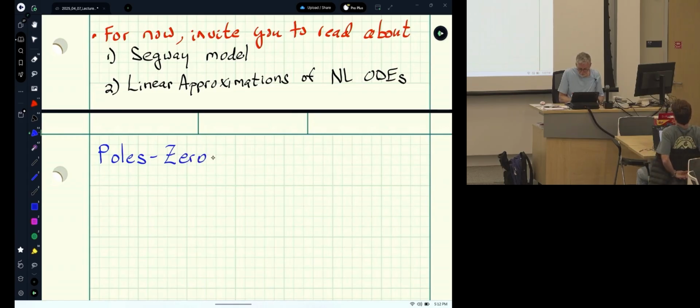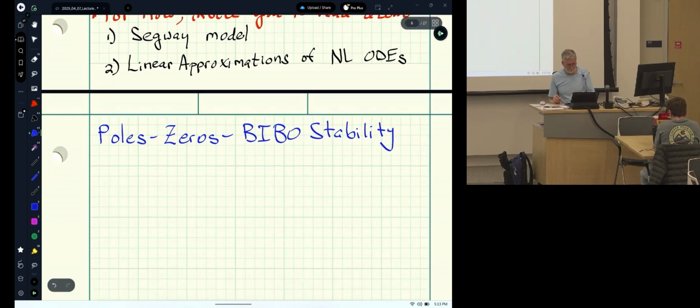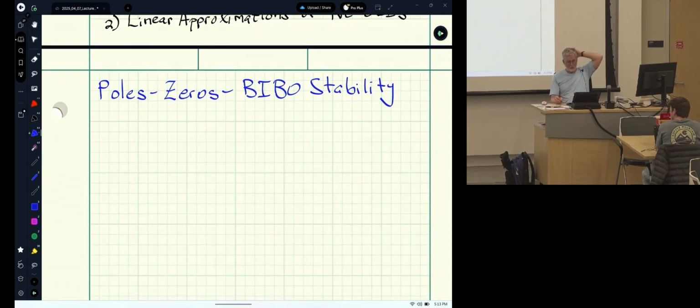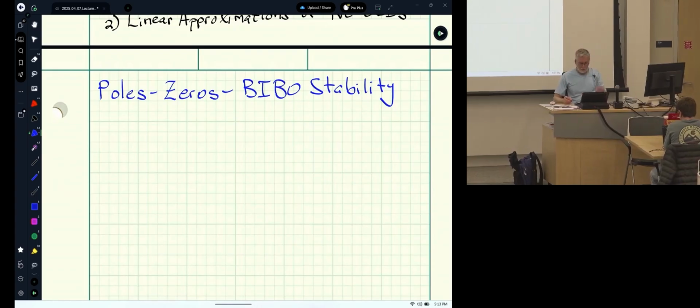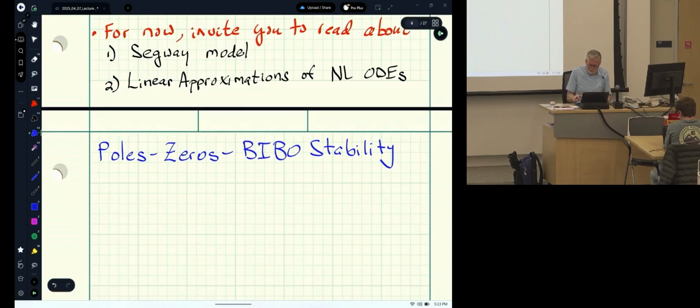Talk about poles, zeros, and BIBO stability. Okay, so please scan that material.